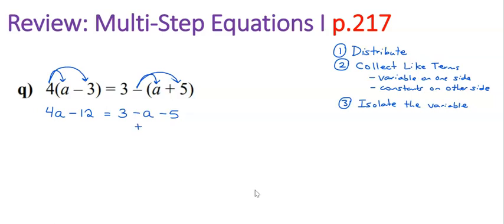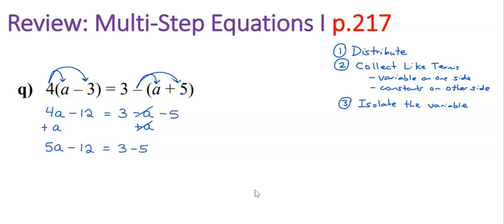So I'm going to add a, because negative 1a plus 1a cancels them. And I'm going to make sure that I do this over on the left-hand side. So when I do that, I'm going to add them. 4a plus a is 5a minus 12 is equal to 3 minus 5.